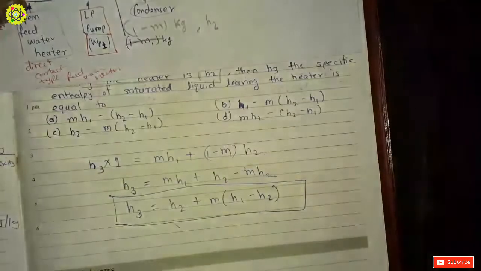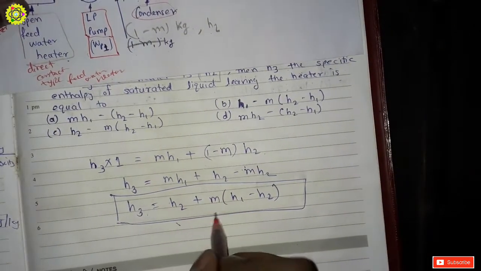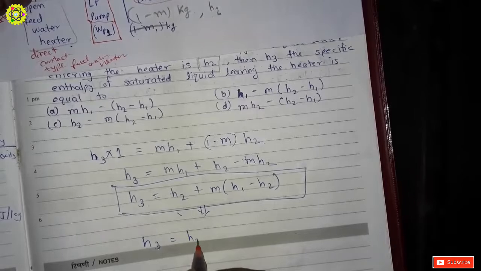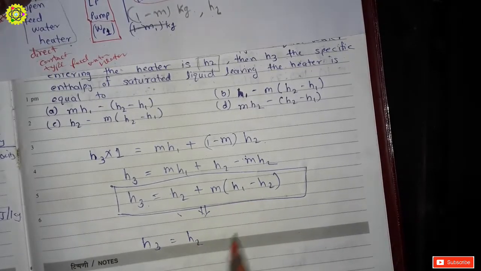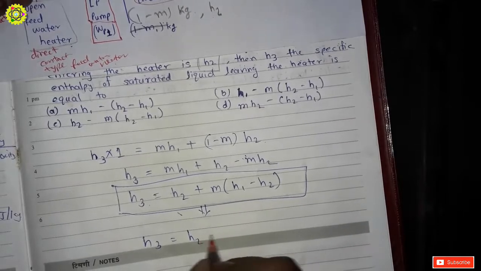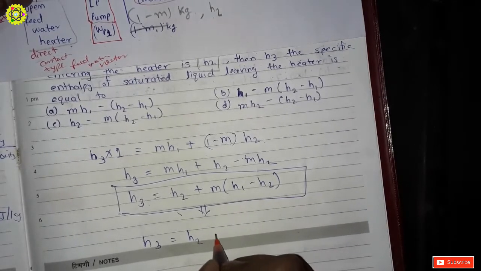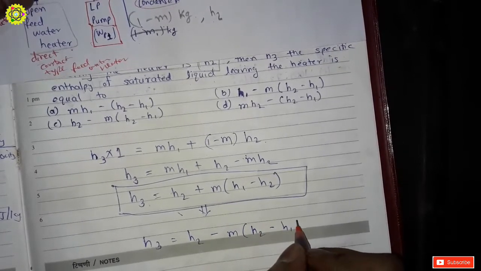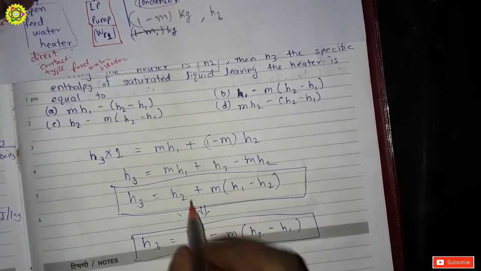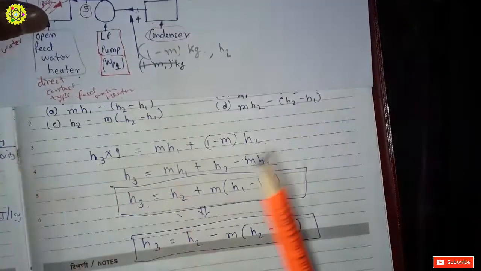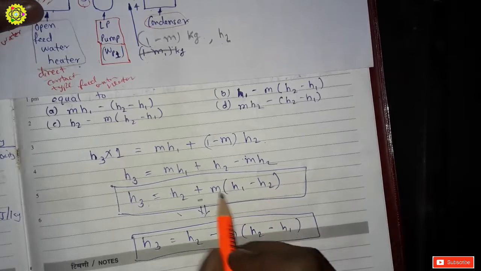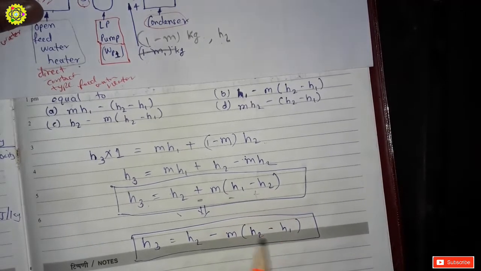We need to simplify one more time: H3 is equal to H2, taking the minus sign outside, minus m into (H2 minus H1). This is our answer. We just put a minus outside, and as per the rule, plus in the bracket becomes minus and minus becomes plus.